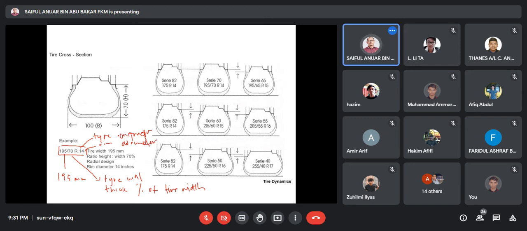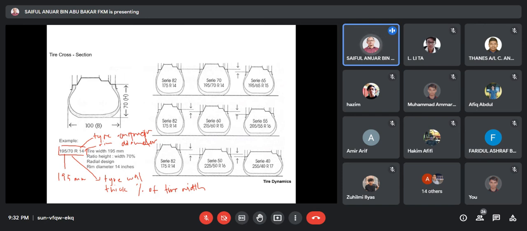It's already mentioned here. Okay, tire height ratio of 70% means that the thickness of the wall is about 70% of the tire width. The R stands for radial design or radial construction. Rim diameter is in inches.